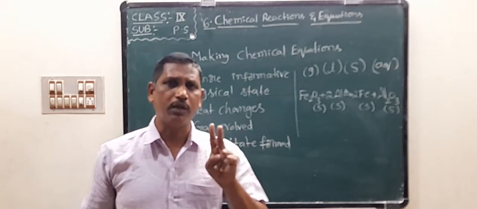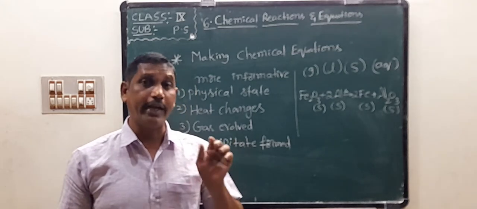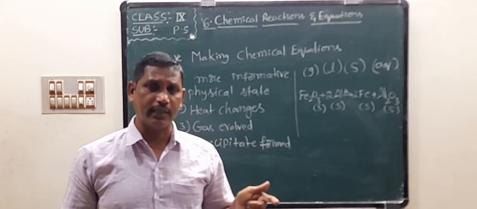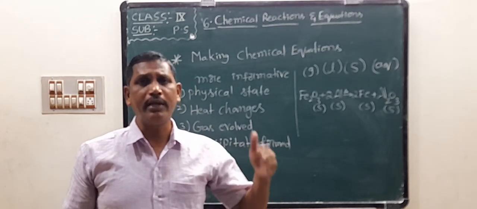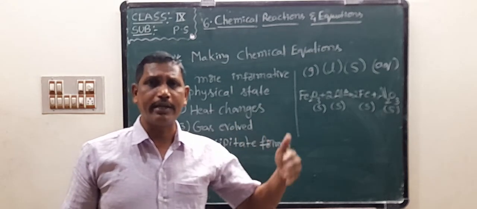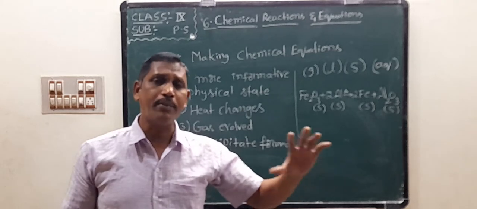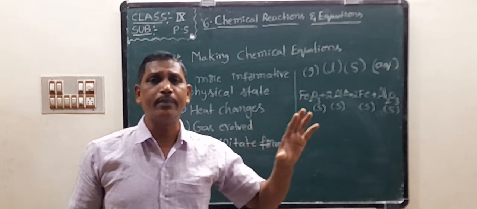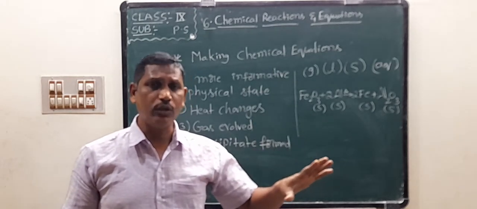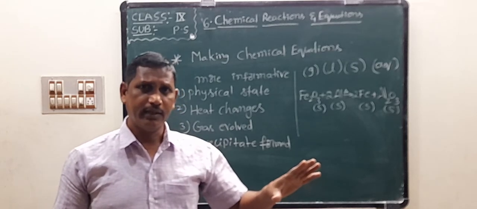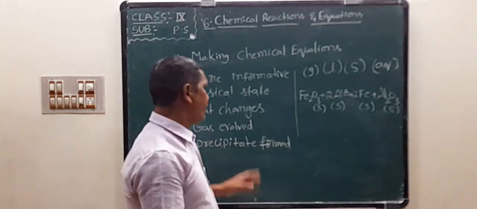There are two types of reactions: exothermic reactions and endothermic reactions. If in any chemical reaction heat is evolved or produced, this chemical reaction is called an exothermic reaction.